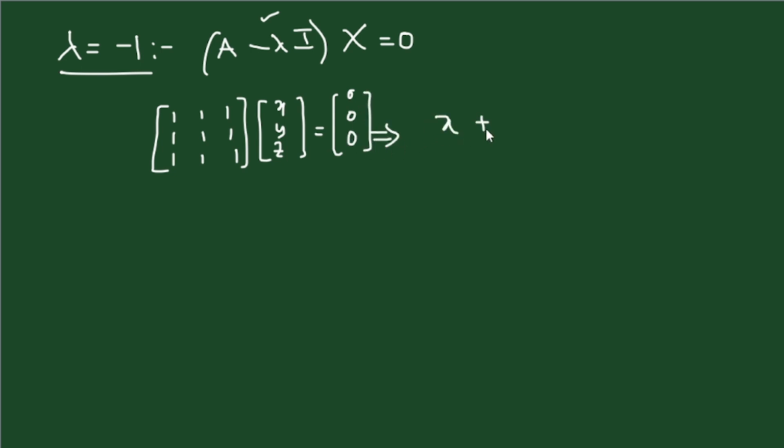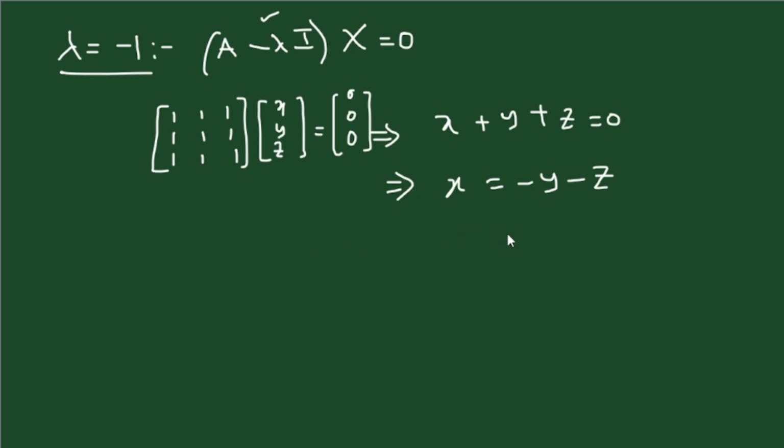Therefore, you will get only one equation, x plus y plus z equal to 0. So we have got only one equation where one variable can be written as a function of the other two variables. That means one variable depends on the other two variables.